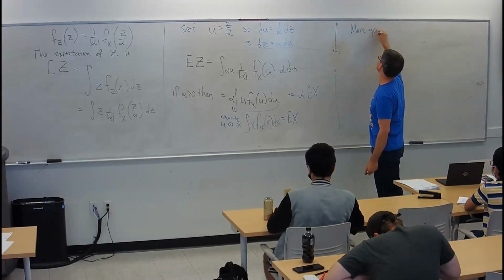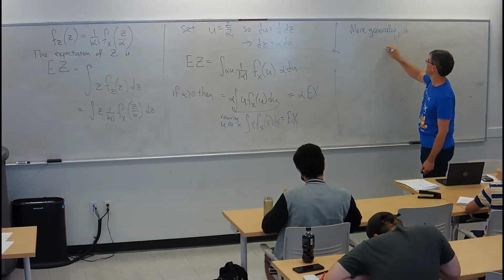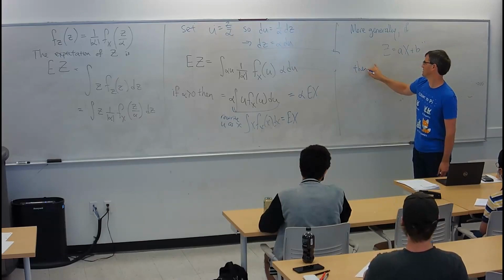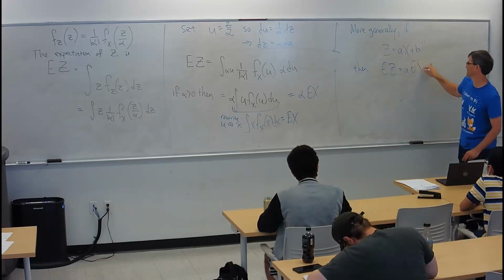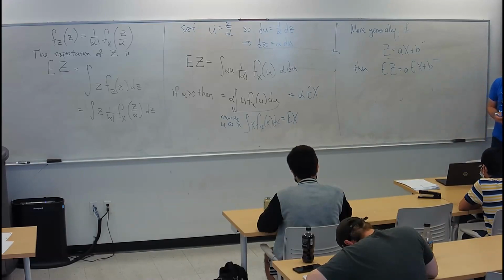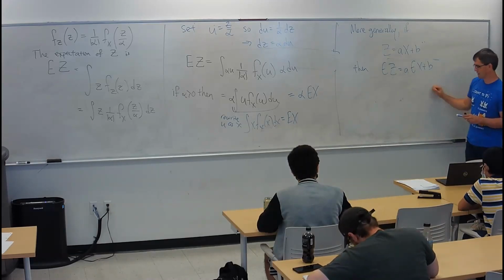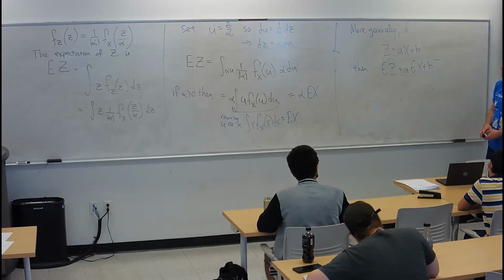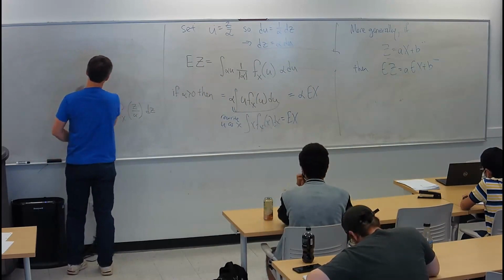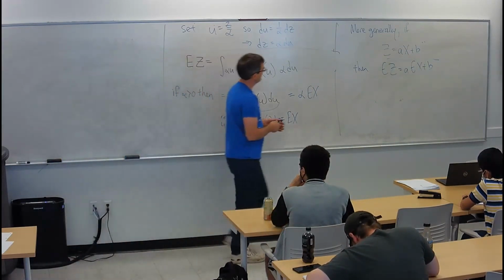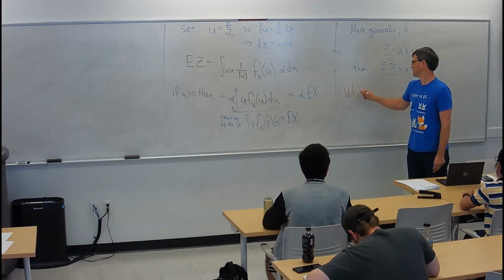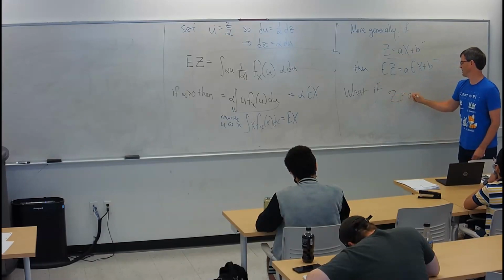So if I want to put these all together, then more generally, if Z was AX plus B, sort of fitting the pattern we were just doing, then E of Z would be A E of X plus B. Now let's suppose that instead of doing AX plus B, I change it to AX plus BY.